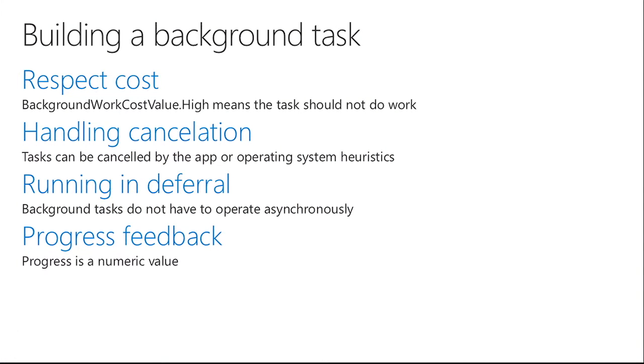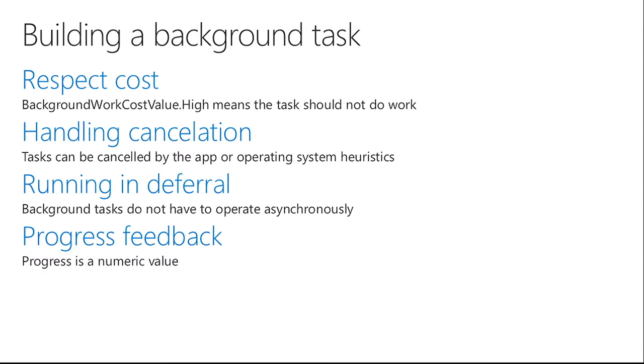Now, about building a background task. When you add a background task to your project, you add a WinRT component project to your solution, and it compiles into a separate little library. Inside that you have a single method called Run, which is the logic for your background task.